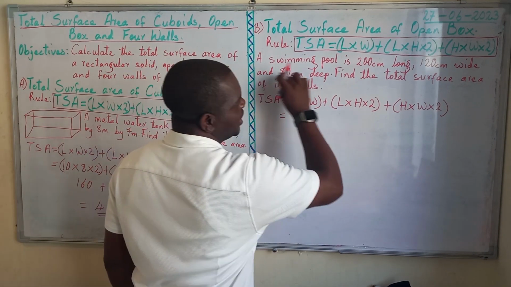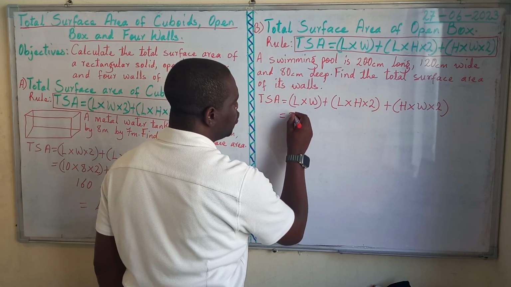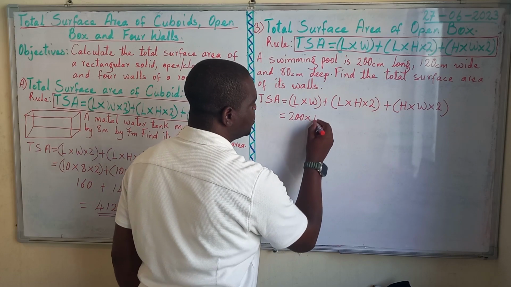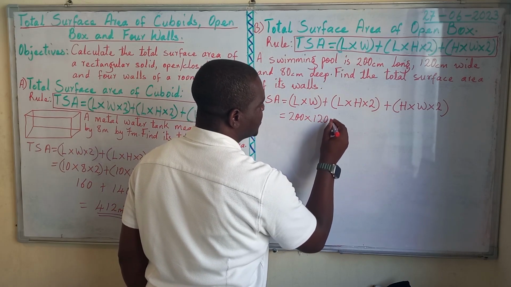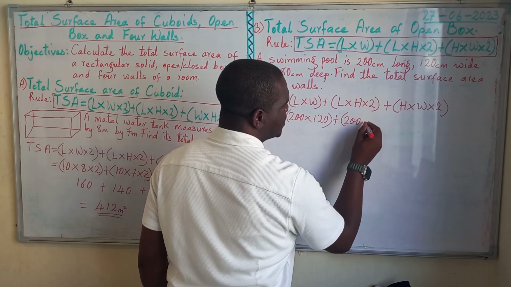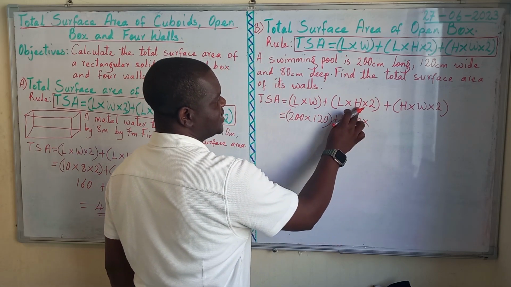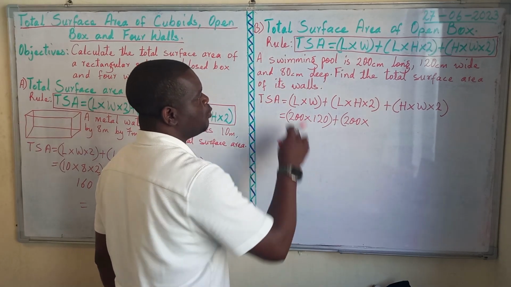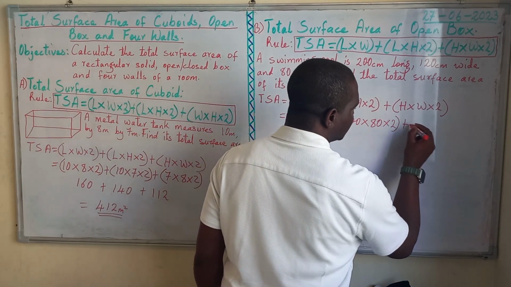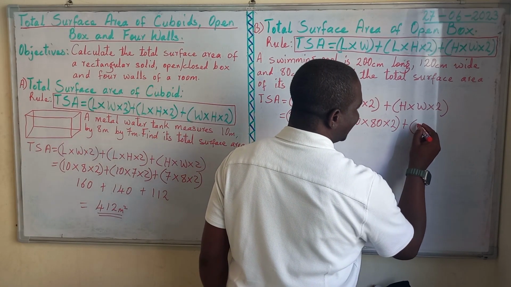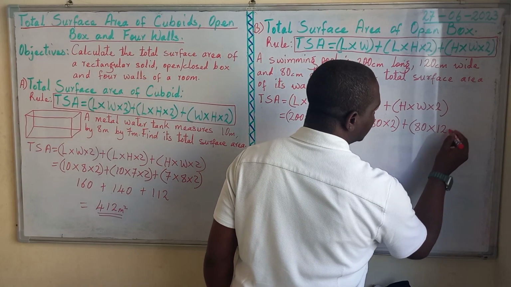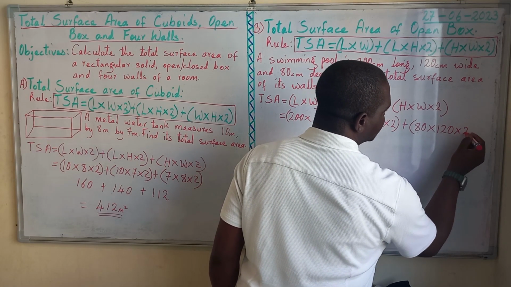The length of the pool is 200 centimeters times the width, which is 120 centimeters, plus length again 200 centimeters times the height, which is the depth of the pool, 80 centimeters, times 2, plus height, which is 80 centimeters, times width, which is 120 centimeters, times 2.